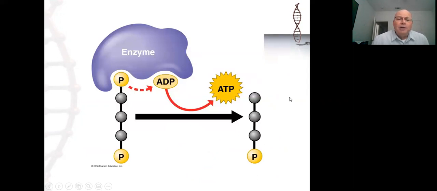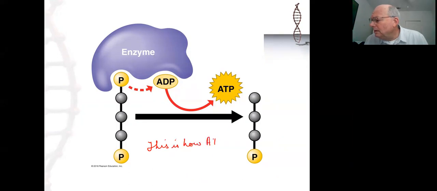So this diagram simply illustrates how the ATP is made. And it's how ATP is made in both glycolysis and the citric acid cycle.